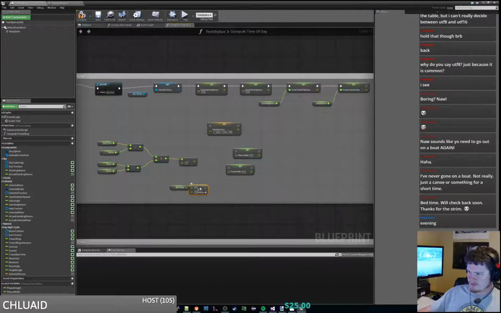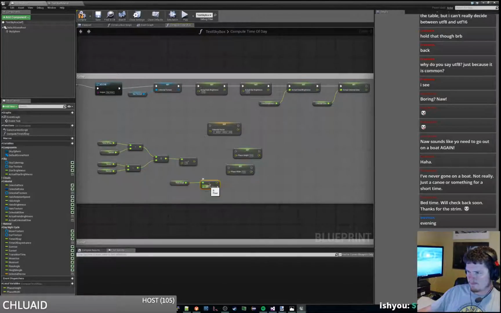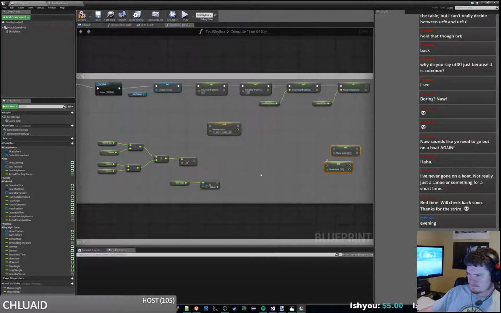Basically, we're going to multiply not the rise angle, but the rise angle by 2, and then multiply that by this thing.